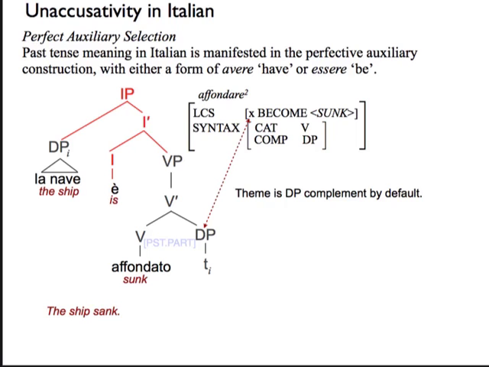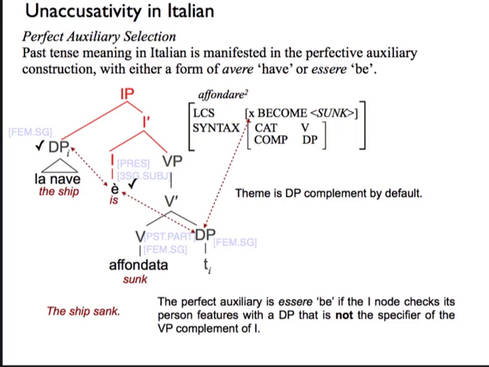And we get essere here because we get the past participle form agreeing with ship. So ship is feminine singular, and the past participle now has to be feminine singular, right? And all of that is because we've got rules that the perfect auxiliary is essere if the I node checks its person features with a DP.